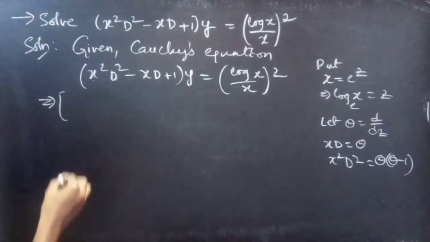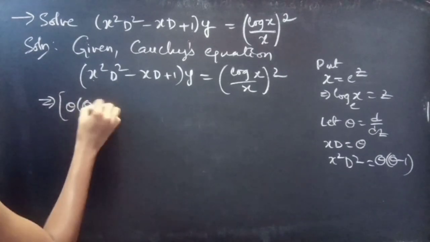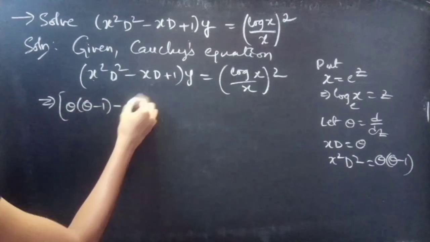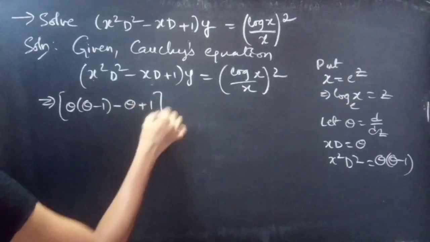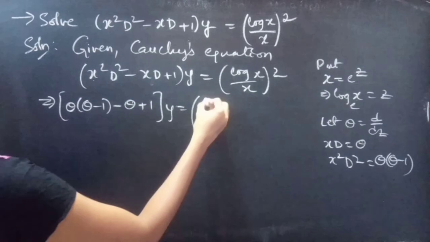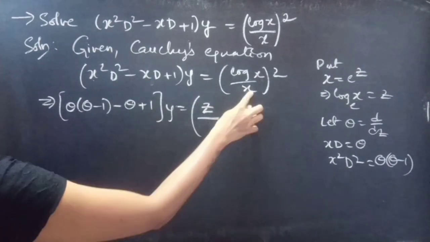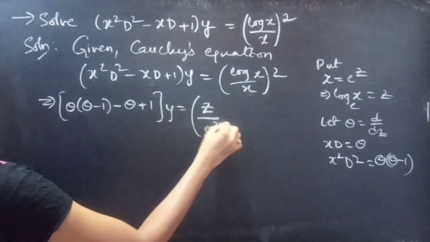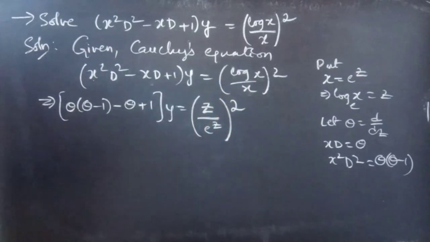Replace x square D square by theta into theta minus 1, minus replace xD by theta, plus 1 into y equals to, replace log x by z, we'll get z by, replace x by e power z, whole square.